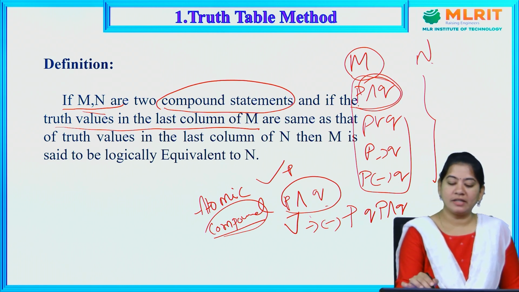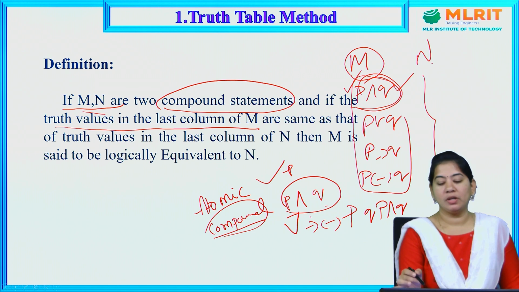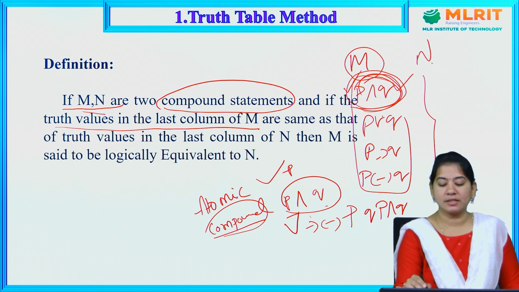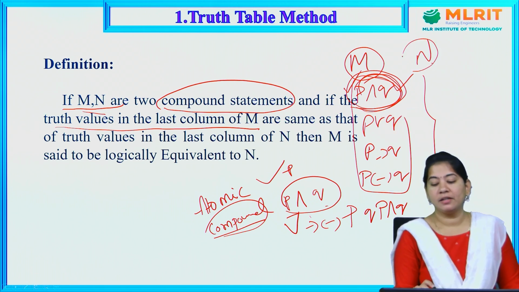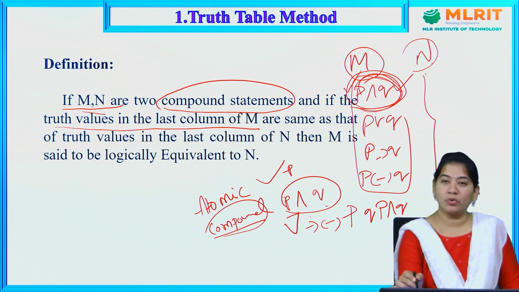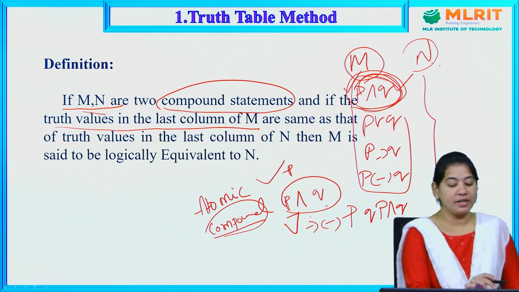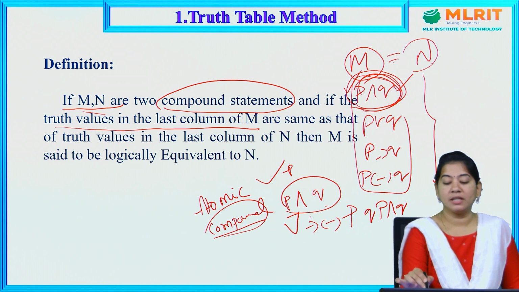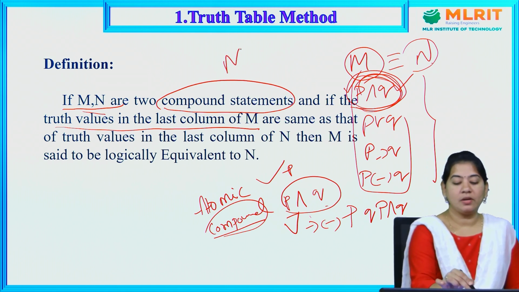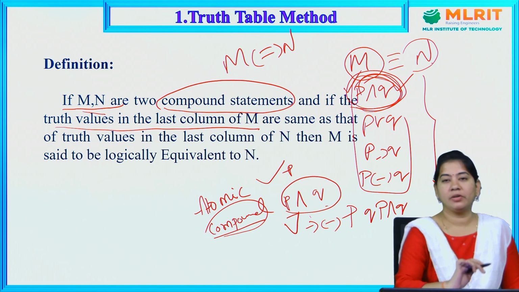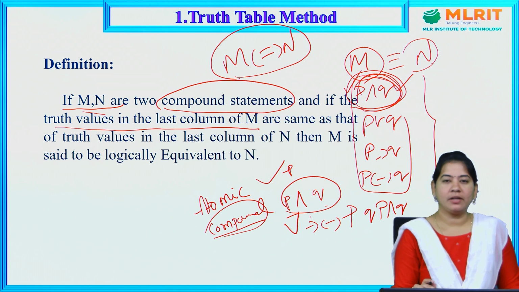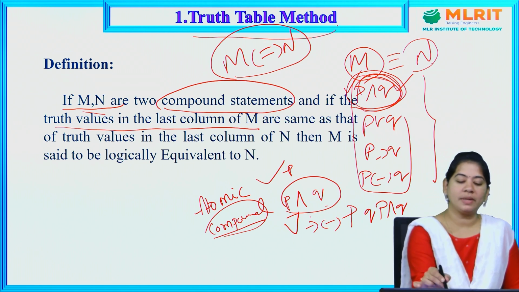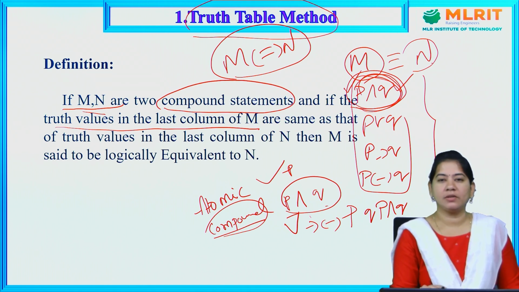If the last column of truth values of m is the same as that of the next compound statement, which I am calling n, that is, if the truth values of both compound statements are the same, then we can say that m is logically equivalent to n. You can represent it like this, m is logically equivalent to n. This is the truth table method. Let us take a few examples on the truth table method and check whether we get logical equivalence or not.